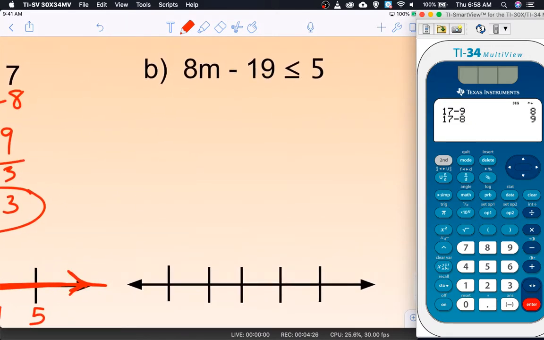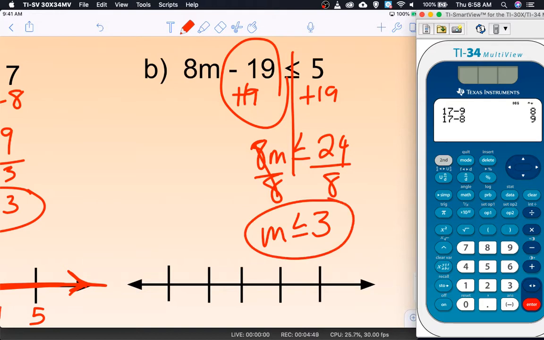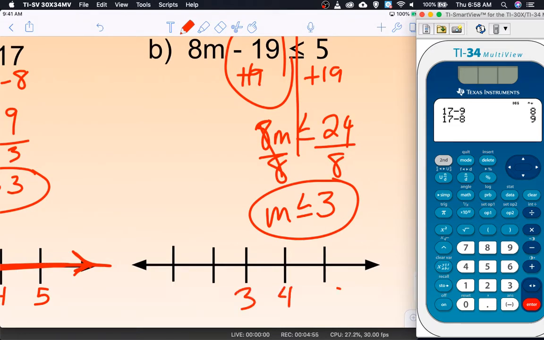Letter B, same deal. I'm going to get rid of the add and subtract before multiply and divide. So I'm going to add 19 to both sides. 8m is now less than or equal to 24. When I divide by 8 on both sides, these cancel. m is less than or equal to 3. And graph. 1, 2, 3, 4, 5.